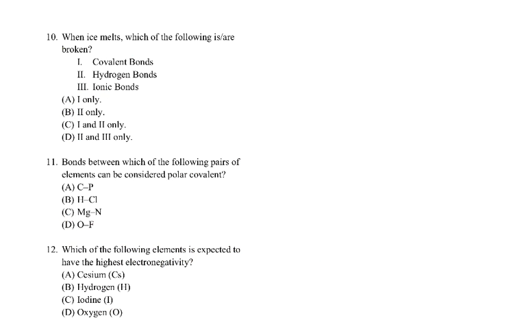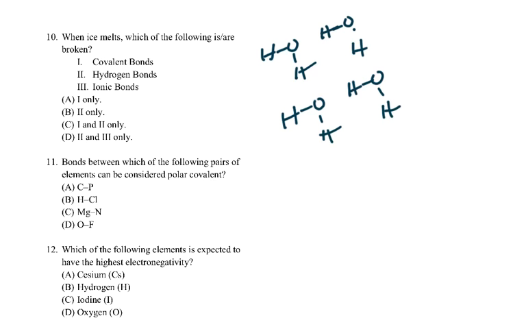Number 10, when ice melts, which of the following is or are broken? If we're talking about ice, here are water molecules, and water molecules, and water molecules, and I'll draw one more. When they are in the form of ice, they have pretty strong attractions between the H's and the O's, and that's what holds the whole thing together as a solid.